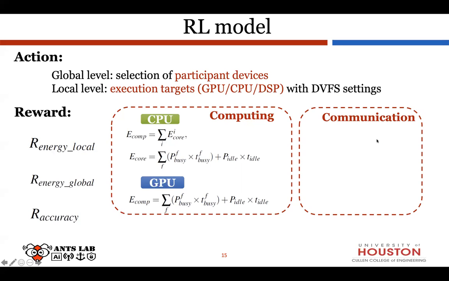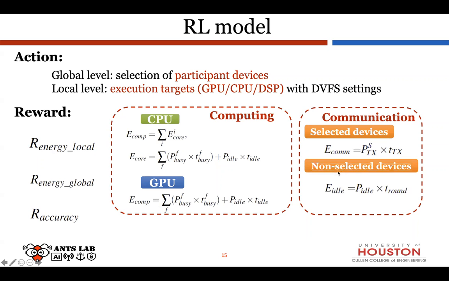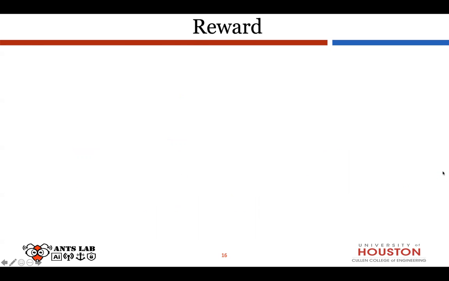And for the communication part, if the device is selected, it can be calculated as the transmit power times the transmit time. And if the device is not selected, we have this idle energy consumption. It equals the idle power times the time consumption in each round. So this is the communication part.